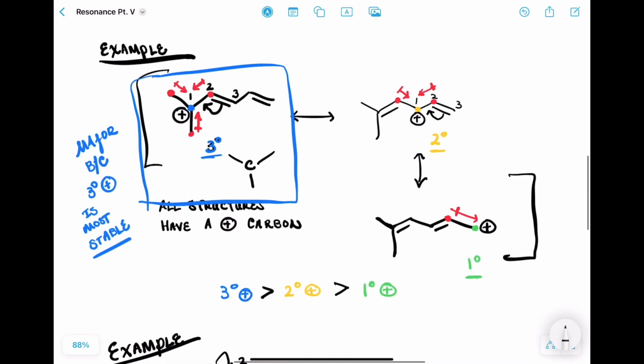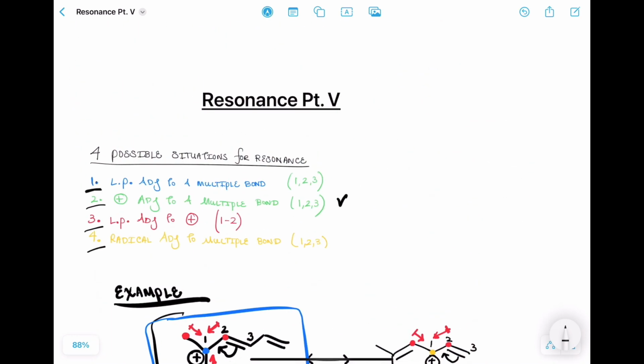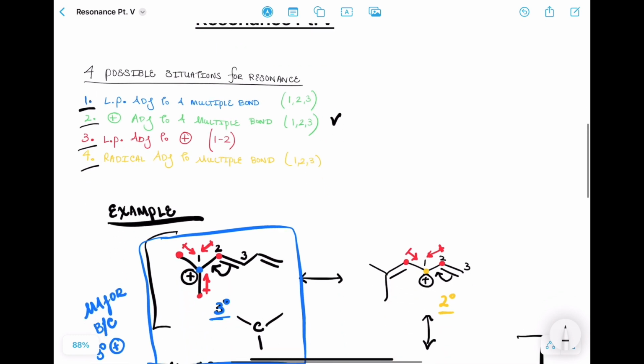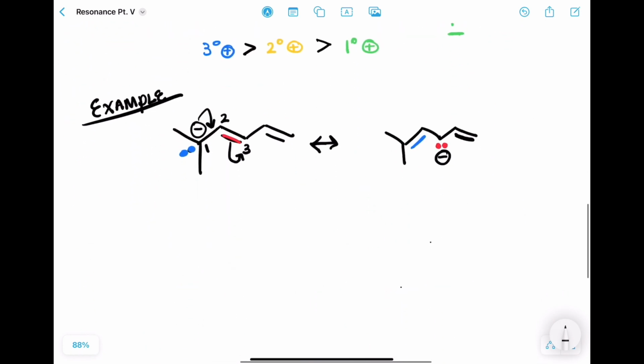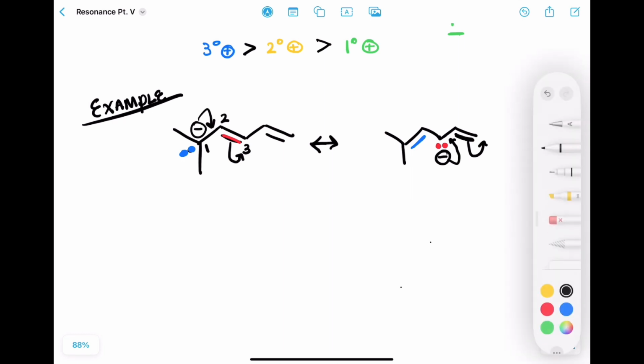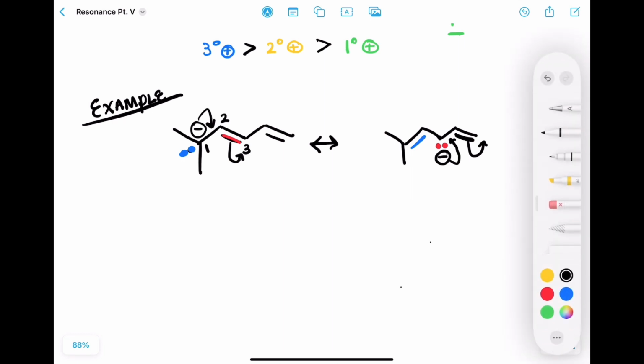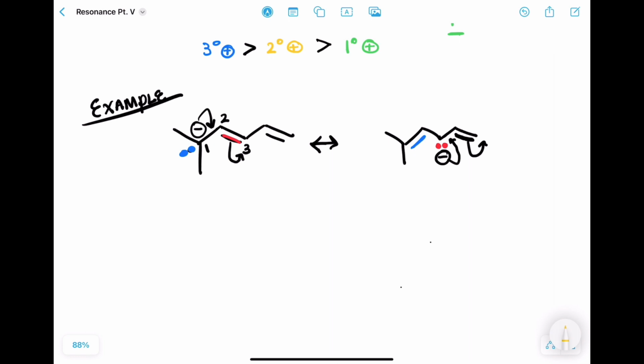Now again, we're back to that same type of resonance structure, which is a lone pair adjacent to a multiple bond. Now we can go back the way we came, or we're going to go a different direction by dropping that lone pair down to form a bond, and therefore kicking that double bond onto that carbon. And so I'm going to put this in yellow so we can see it.